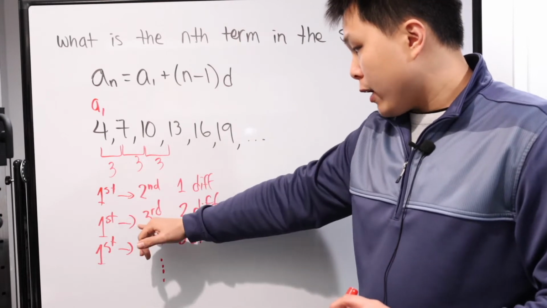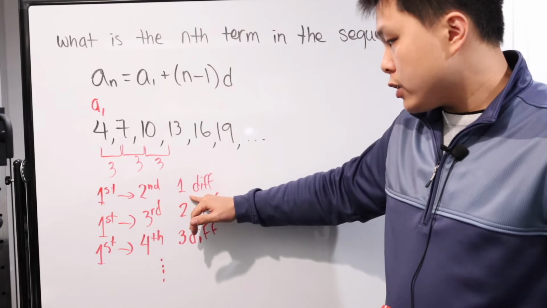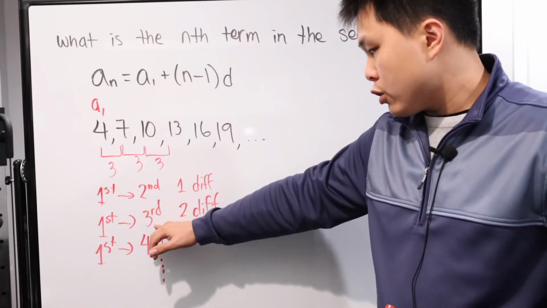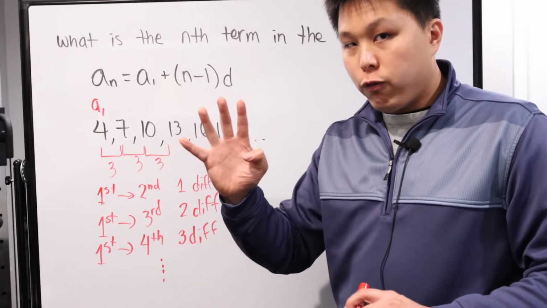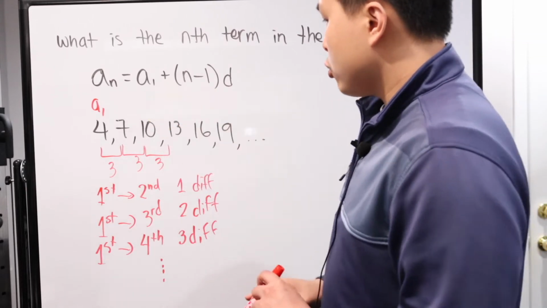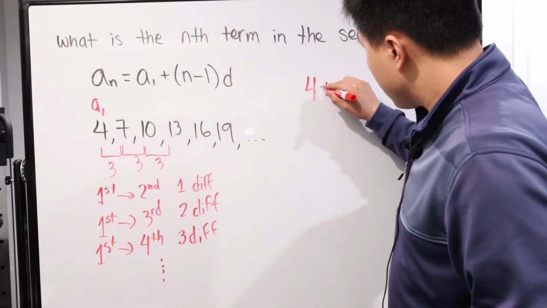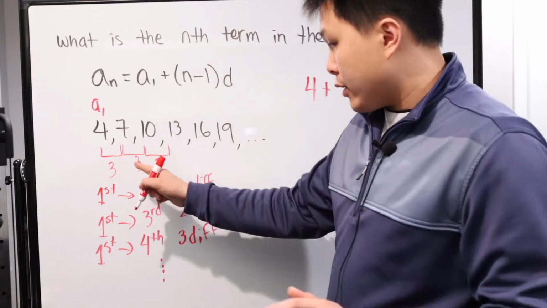Well, from this pattern, we realize that whatever term we're talking about, the number of differences is only 1 less. If it's the second term, there's only 1 difference. If it's the third term, it's only 2 differences. Fourth term, 3 differences. Fifth term, 4 differences. That's where this comes in. So if we think about it this way, our initial term, 4, plus our common difference, 3, and we want to figure out how many times we have to add 3.